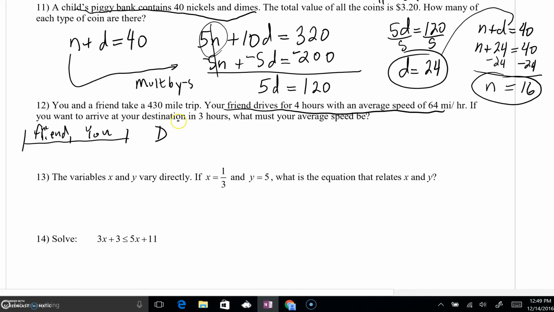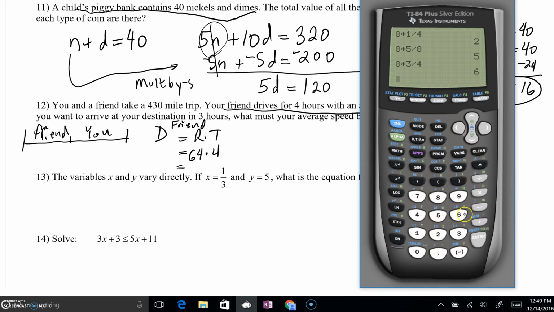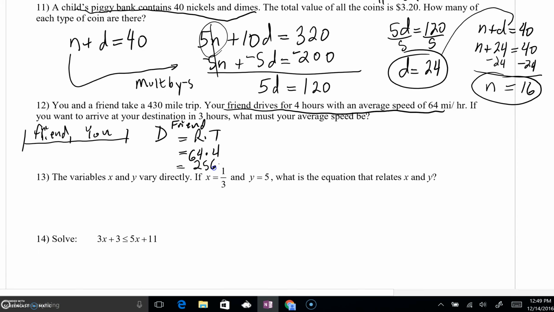So this is your friend's situation. Distance is equal to rate times time. Your friend's going 64 miles per hour, and we'll do that for 4 hours. If you were to very quickly check 64 times 4, you can see you get 256. So that's 256 miles that your friend has just driven.